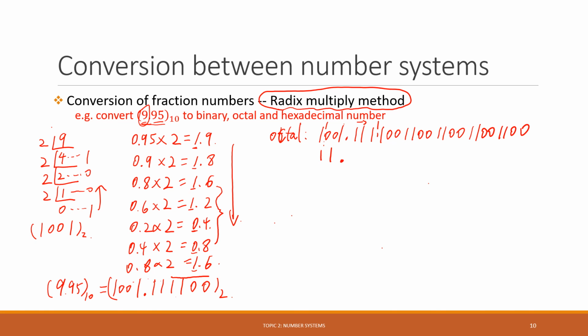So we cut here, here, here, here, like this. So 111 we got 7, 100 we got 4, 110 we got 6, 011 we got 3, 001 we got 1, 100 we got 4, 110 we got 6.